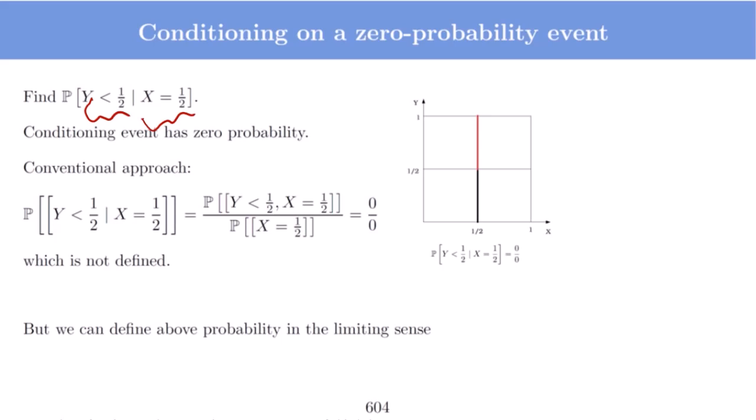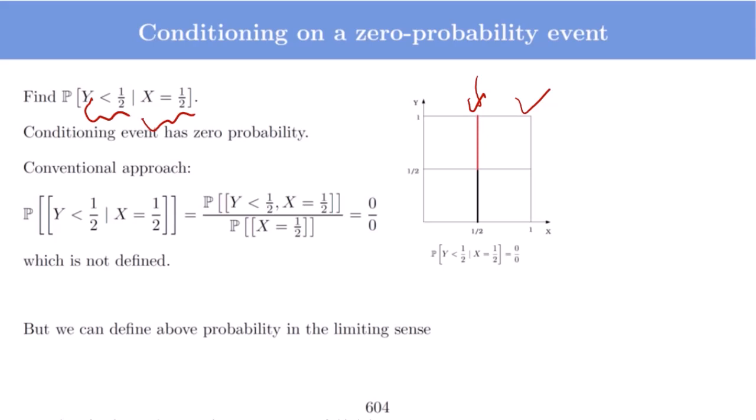It is 0. The probability that x is any value is 0 because it's a continuous random variable. Even in this area, the event that x is half is this line, and the probability of this line is 0.